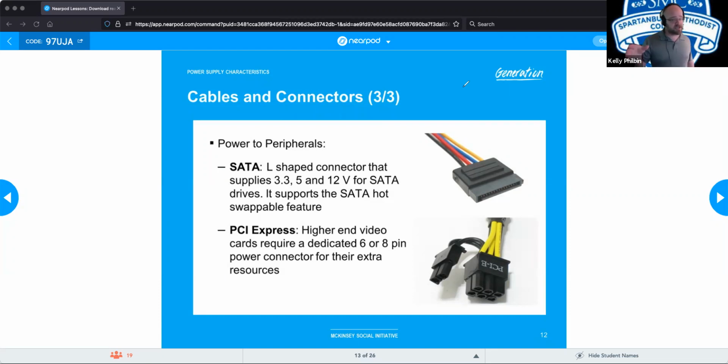It'll just have a list of them, say 20 pin power connector, CMOS battery, USB connector. It'll just give you a list of what they are, and you need to point to what they are. So yes, it will let you put them in the wrong place, but you can move that stuff around up until the point to which you submit your exam. It's not a quick one and done. Like if you accidentally click the wrong one, you're done. No, you're able to move that stuff around.